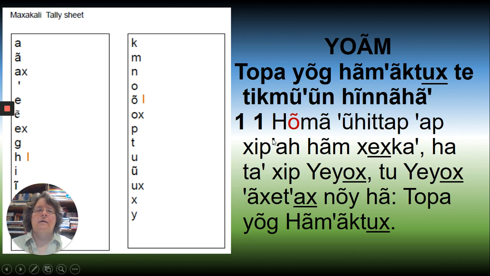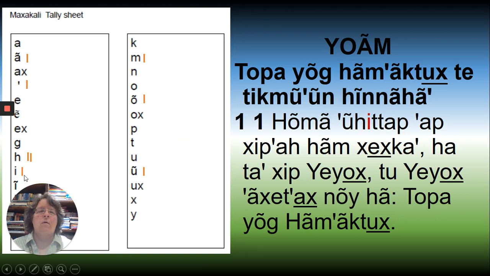So I invite you to take your Mashaki tally sheet and your Gospel of John, and I'm going to start here in verse 1. Our first letter is an A, and we put 1 tally mark by our A. Then our next letter is the O tilde. We put it there. Next letter is the A tilde. Tally mark there.